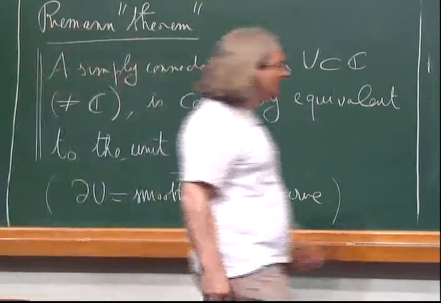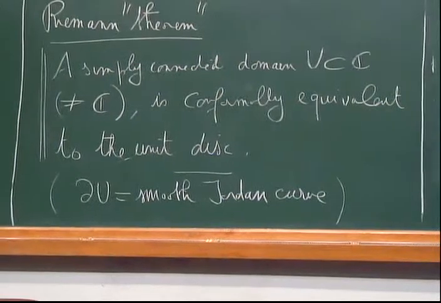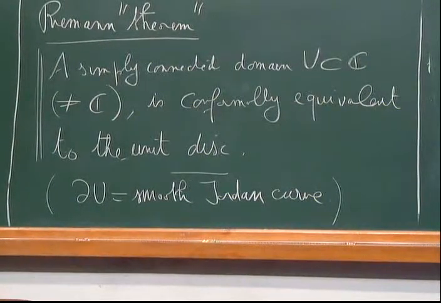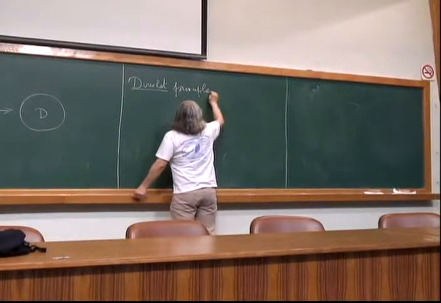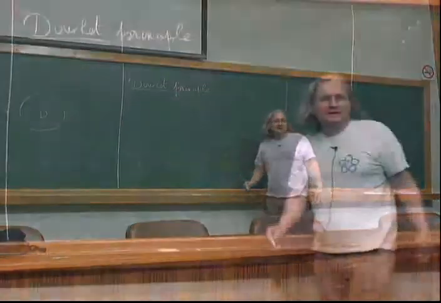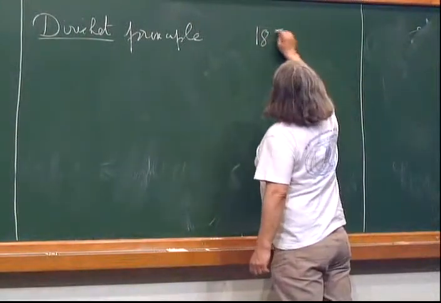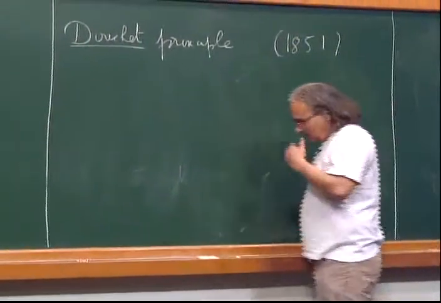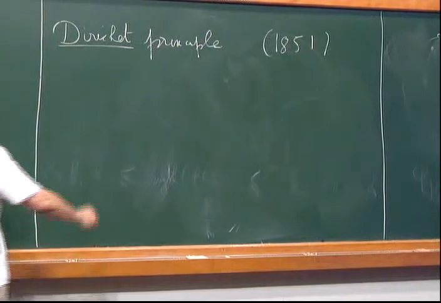This proof of Riemann is based on what Riemann himself called the Dirichlet principle. This is in Riemann's terminology, in Riemann's thesis in 1851. So the Dirichlet principle allows you to prove the following theorem.